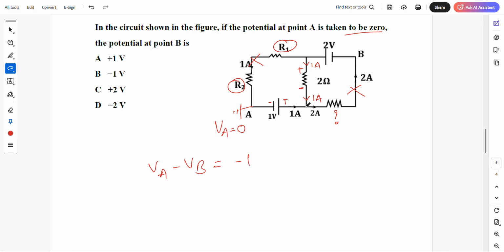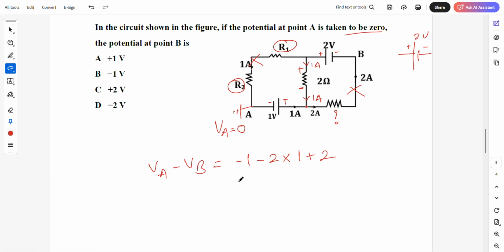Now if I move here, what is the drop here? Minus 2 into what is the current? Current is 1. If I move further, what am I getting? This is the bigger terminal and this small terminal, this is plus and this is minus. They give plus 2, so plus 2.